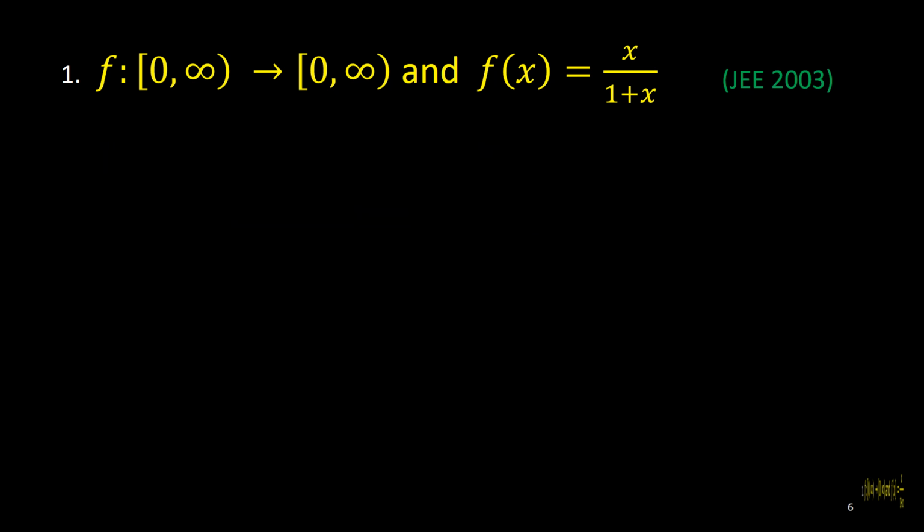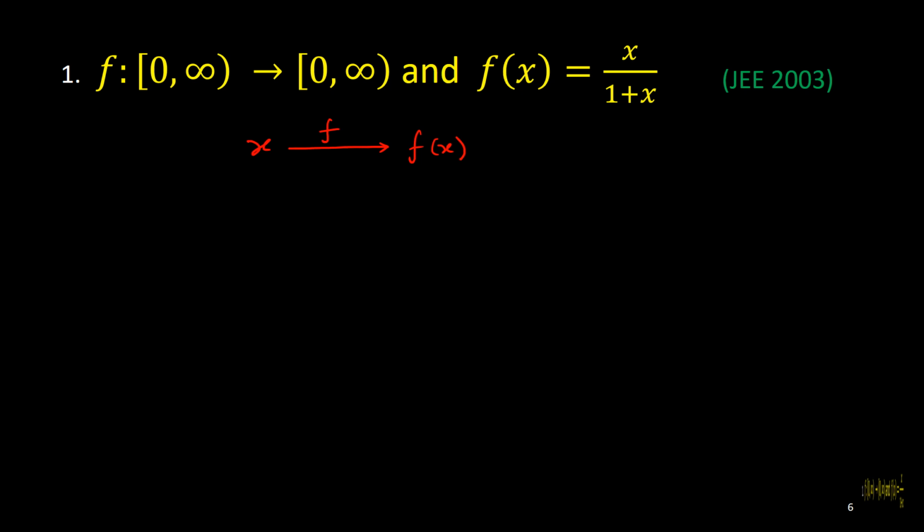So we'll solve the first problem, and before solving it, I will try to discuss the concept of what is one-one and what is onto function. If I consider x as one independent variable, then with the function f, I will get the function value f of x.